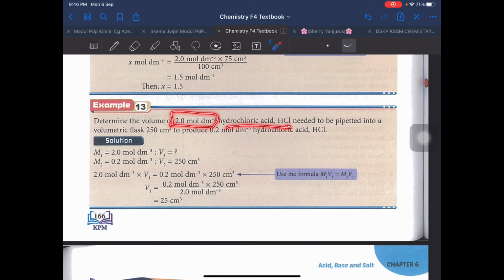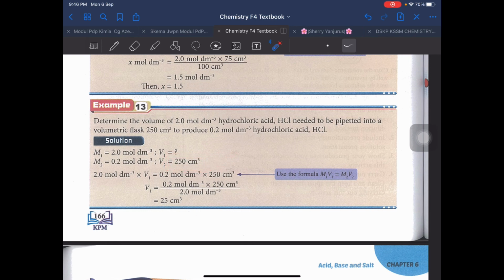Dia mau kamu cari volume yang mau kasih cair ini. So you want to find the V1.